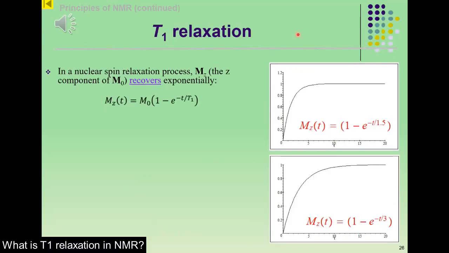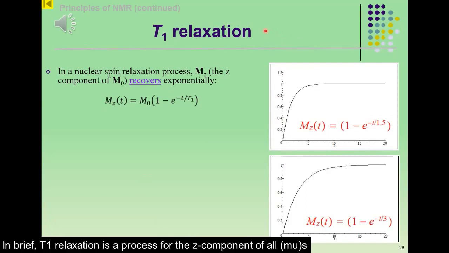What is T1 relaxation in NMR? In brief, T1 relaxation is a process for the Z component of all mu's to resume their maximum values at equilibrium.